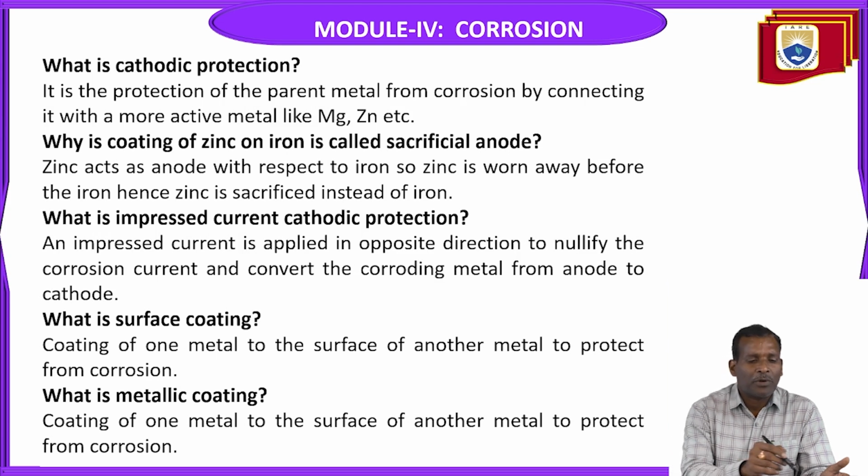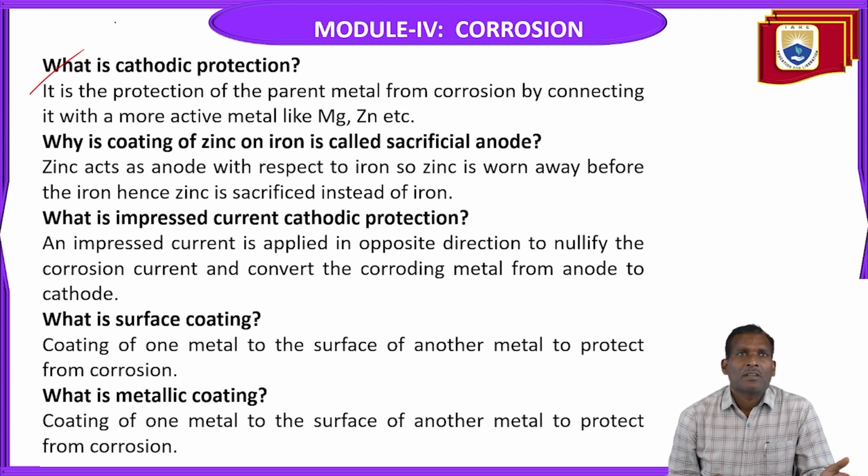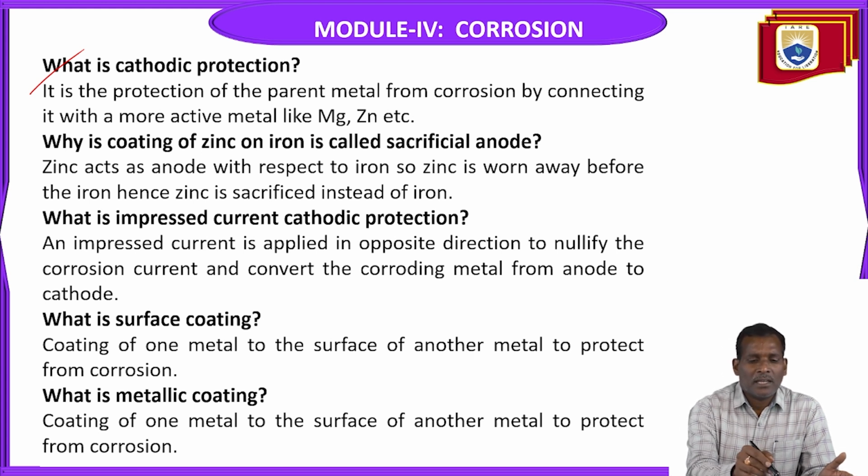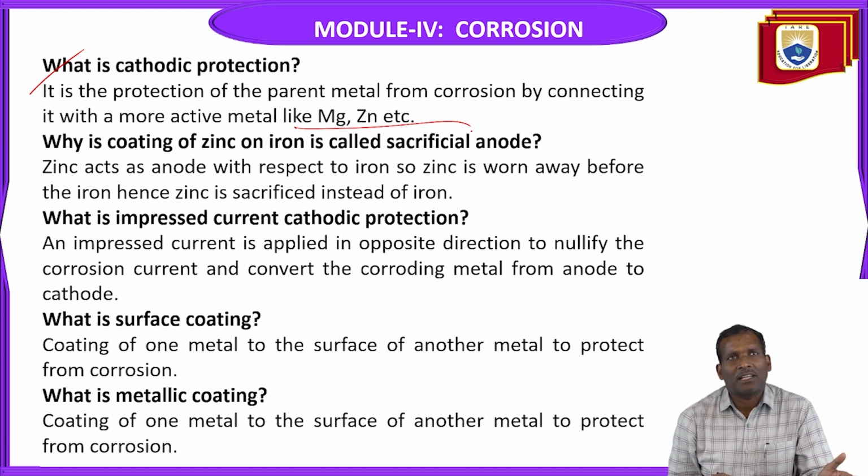Next, what is cathodic protection? Cathodic protection means the protection of the parent metal from corrosion by connecting it with a more active metal like magnesium, zinc, etc. Which material you want to be protected, that metal is called the parent metal.